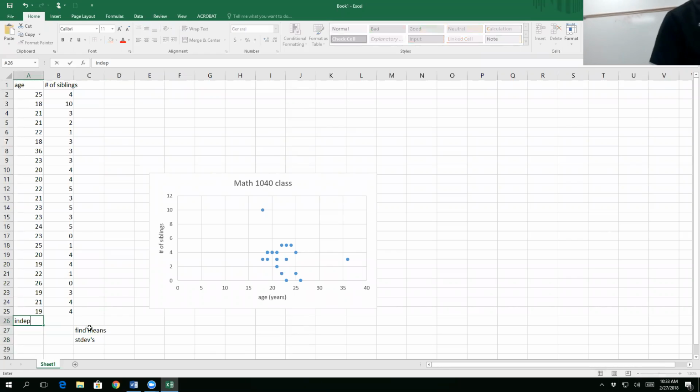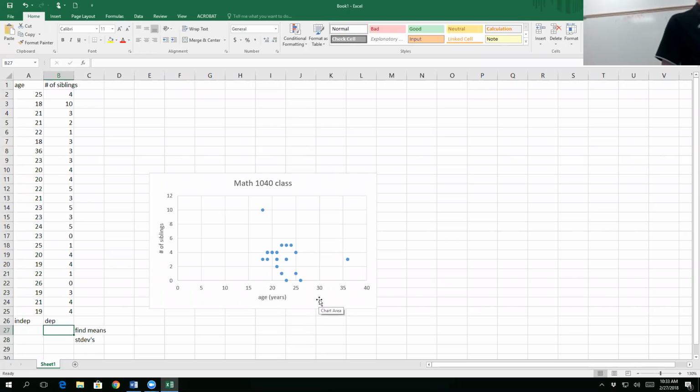Age would be the independent variable. This would be the dependent variable. The dependence is on the y, the independence on the x. So we're saying here that age somehow determines how many siblings you have. Does that seem like a reasonable conclusion? No. But there's apparently some sort of a relationship here. Older people have fewer siblings. That doesn't make sense. But it could be, we'll see.